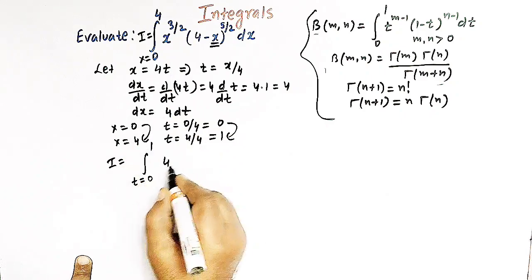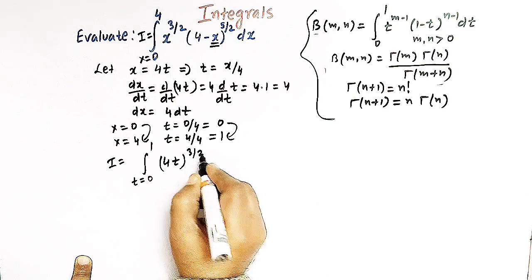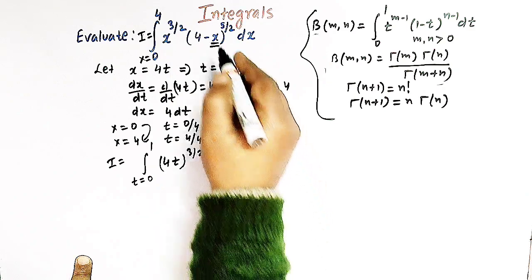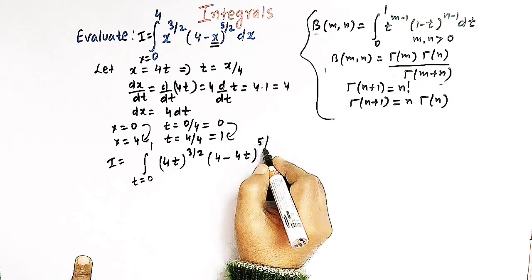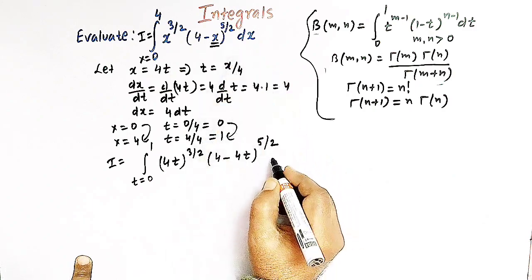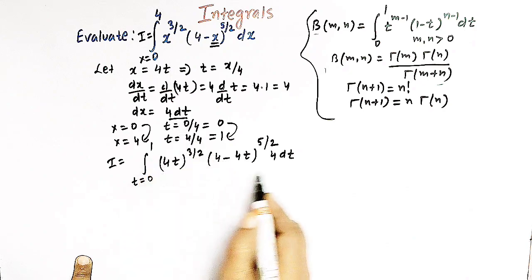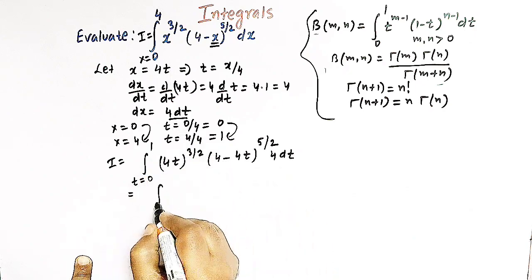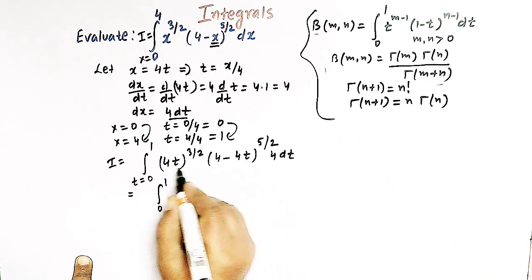So we can now write 4t raised to 3 by 2. Then we have 4 minus x is 4 minus 4t raised to 5 over 2, and dx is given by 4 times dt, right? Okay, now let us arrange the terms or simplify this expression or integrand.